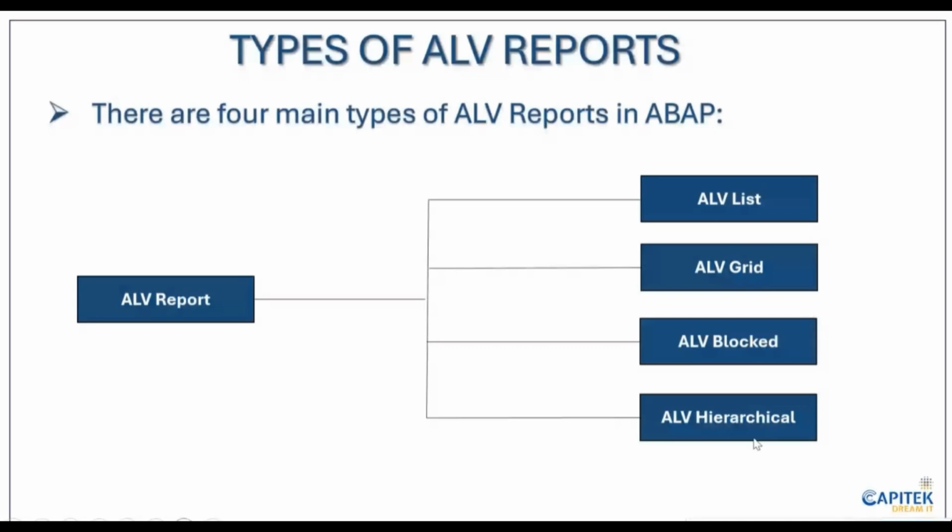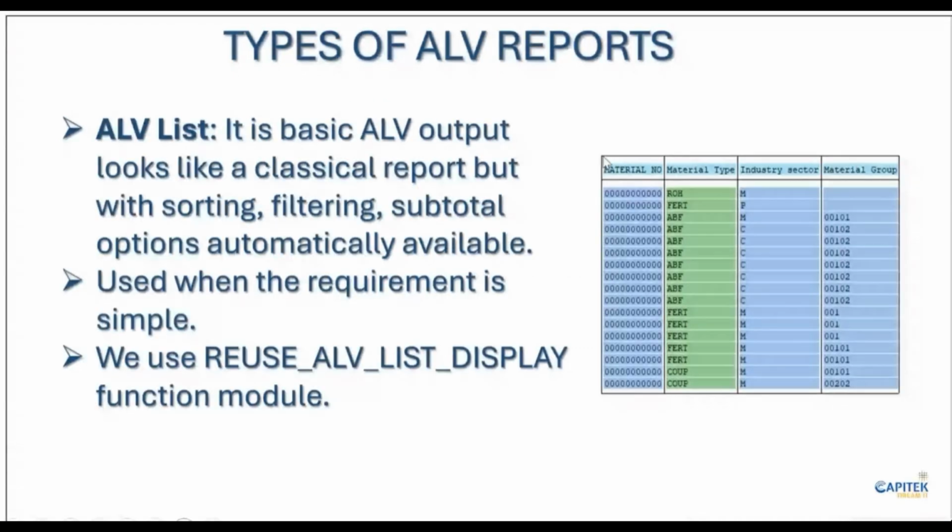Okay, so when we talk about ALV list, the ALV list output looks similar to the way you print the data in the output in the normal report. So if you see this, this is how the output looks like. You see the column names, the horizontal and vertical bars, and the data printed on the output.